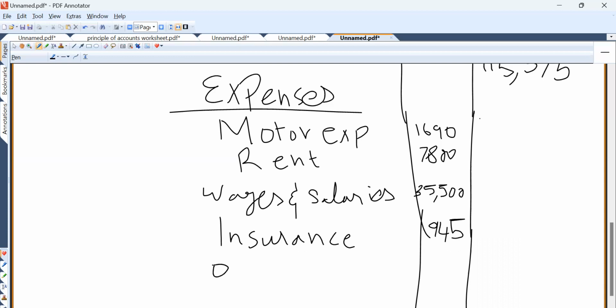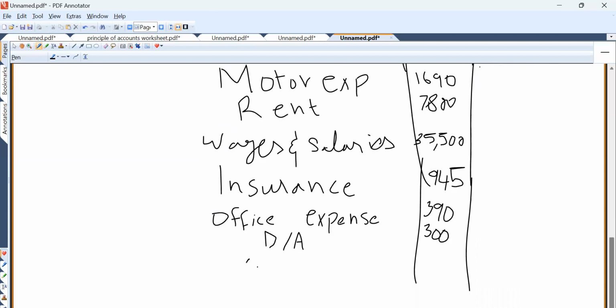Office expense, 390. Discount allowed, 300. Carriage outwards, 1,850.